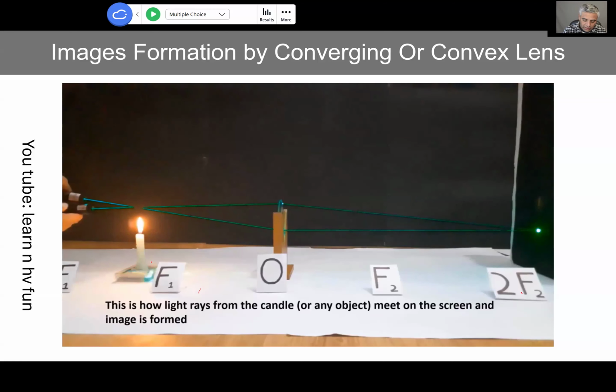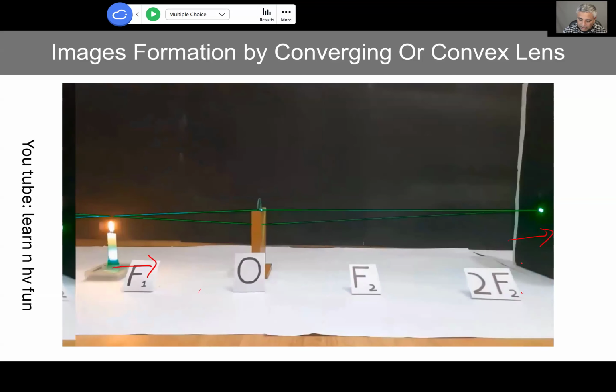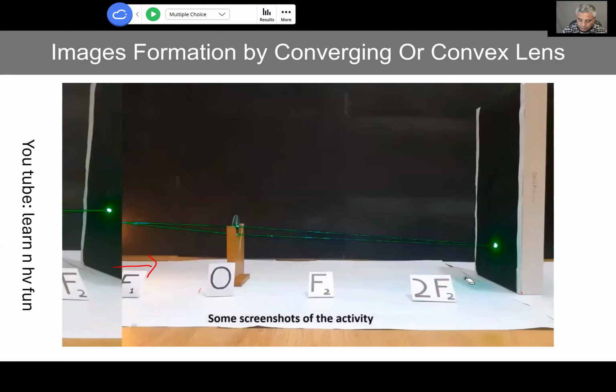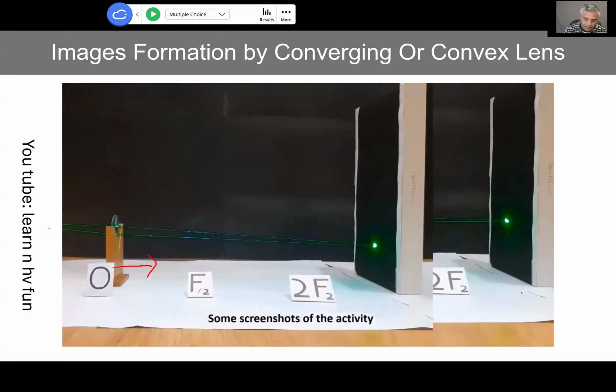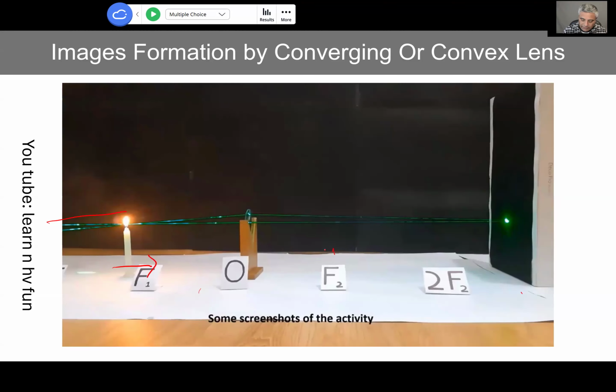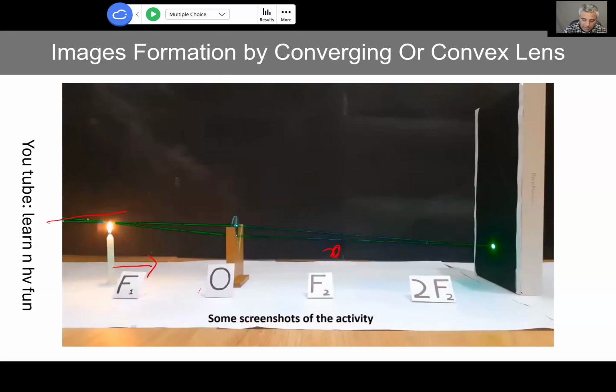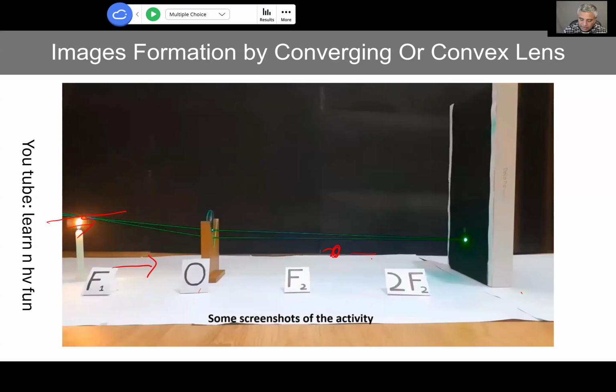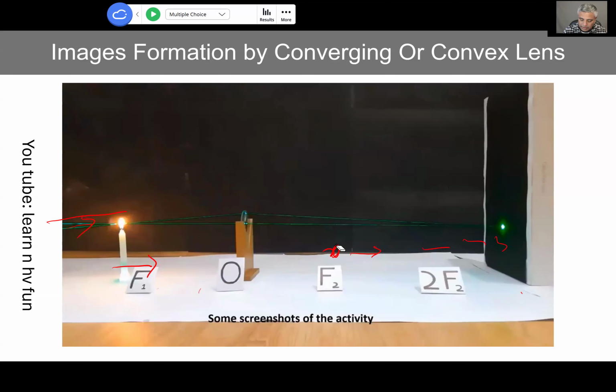So once the object comes closer, the image is getting farther. When object was very far, the image was at focus. And then once object started coming, image started moving farther and farther.